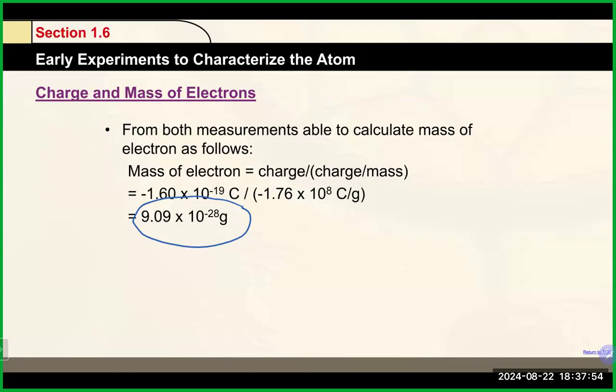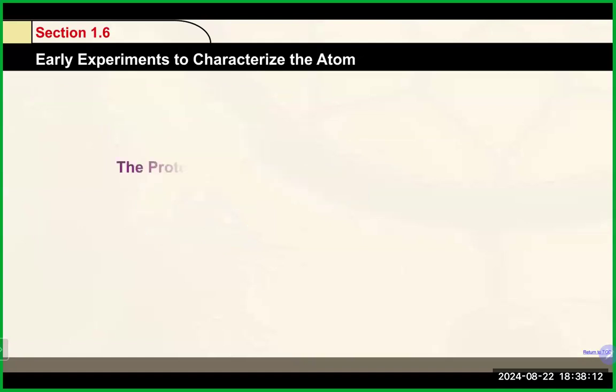All right. So again, you need to know about Thomson, his experiment, and what came out of it. You need to know about Millikan, his experiment, and what came out of it. Out of the combination of both of those experiments together came the mass of an electron, which is negatively charged.